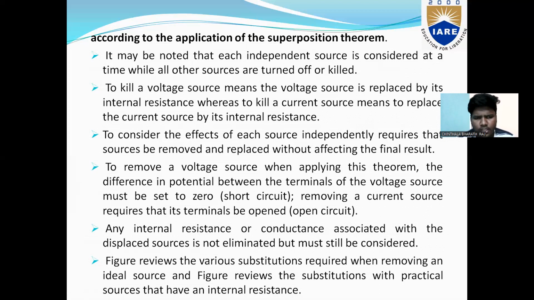Removing a current source requires that its terminals be open, that is, an open circuit. Any internal resistance or conductance associated with the displaced sources is not eliminated but must still be considered. The figures review the substitutions required when removing an ideal source and a source that has an internal resistance.